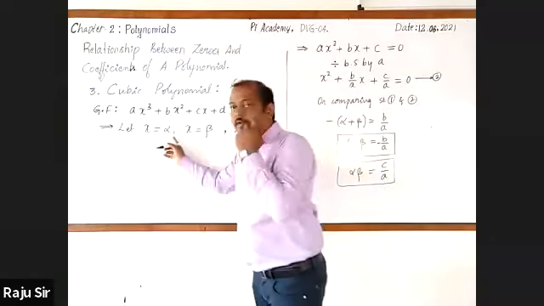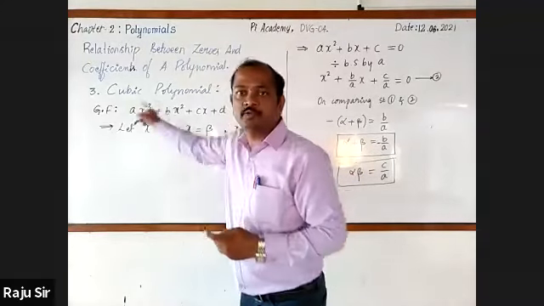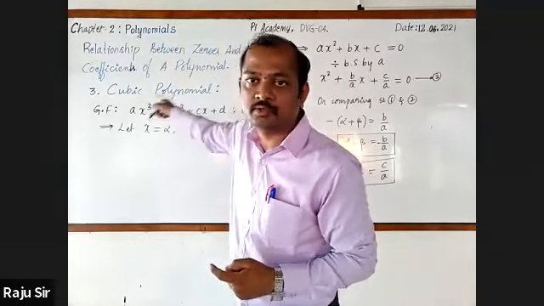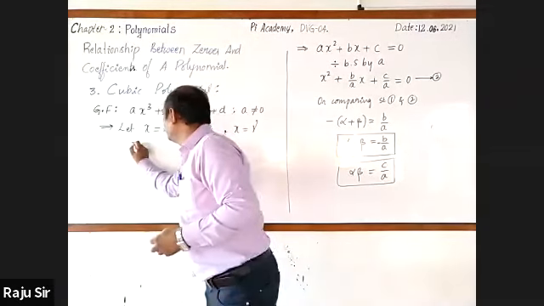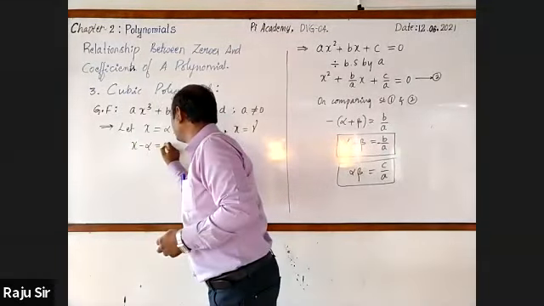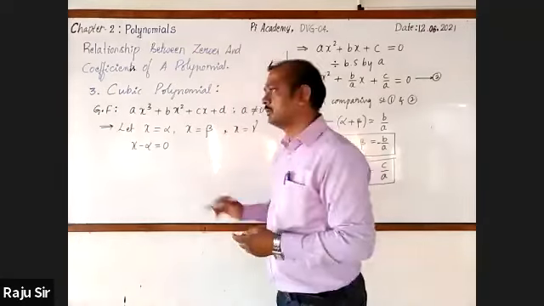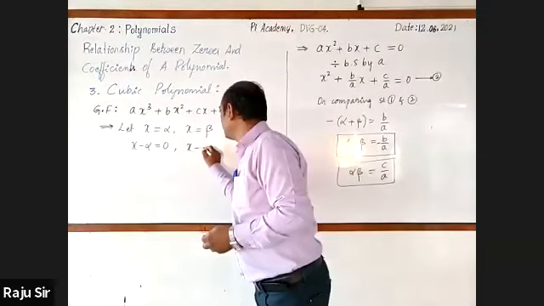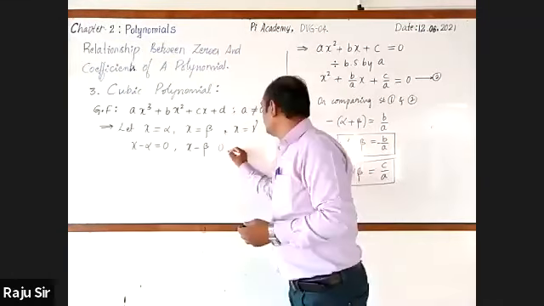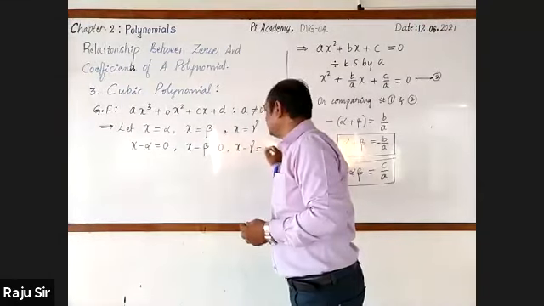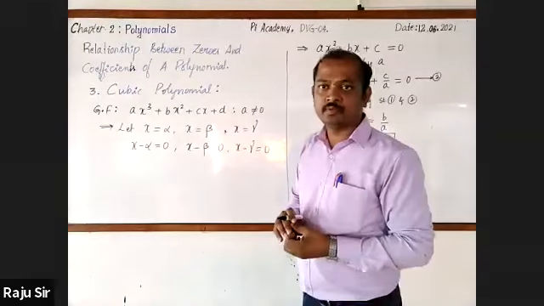Then transfer alpha to the left hand side, beta to the left hand side, and gamma to the left hand side. Then it will be x minus alpha equal to 0, x minus beta equal to 0, x minus gamma equal to 0.